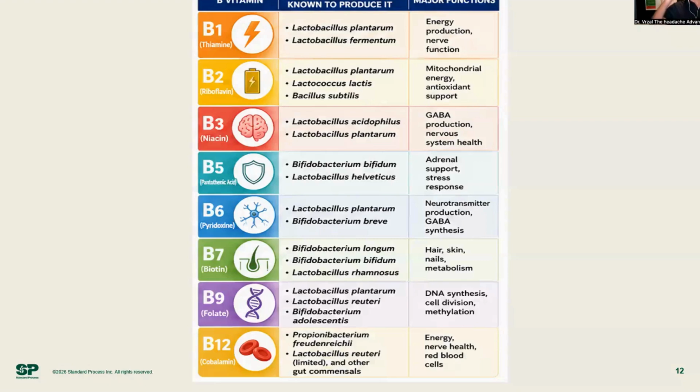We need to convert glutamate, the excitatory brain chemical, MSG monosodium glutamate, to GABA to shut the brain off and go to sleep and recover at night. So if that process is glitched, if our gut bacteria were B6 deficient, then we're not going to shut it off. We're not going to get the deep quality, restorative sleep to be ready to conquer and slay the next day. So again, B6. B7 is biotin.